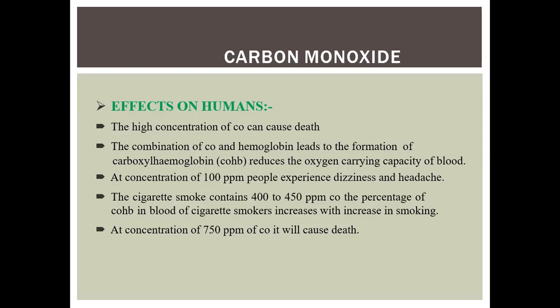At a concentration of 100 ppm, people experience dizziness and headache. Cigarette smoke contains 400 to 450 ppm CO. The percentage of COHb in the blood of cigarette smokers increases with increased smoking. At a concentration of 750 ppm of CO, it will generally cause death.